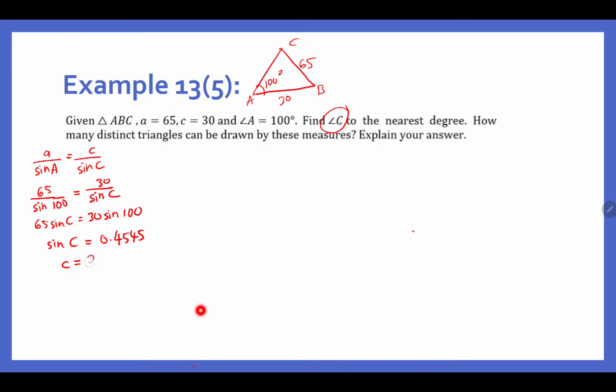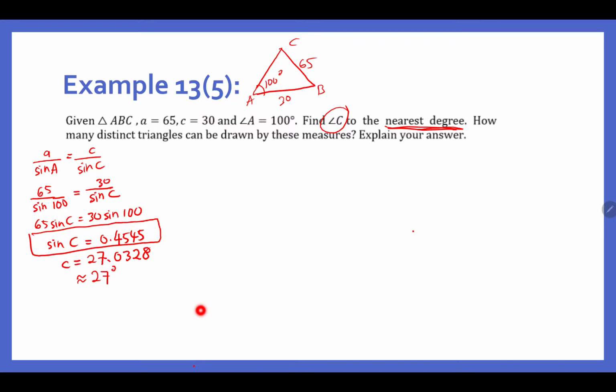So C equals 27.0328. Tapi dia suruh bagi jawapan dalam nearest degree, so jawapan kita 27 degree. Since the value of sine C is a positive number less than 1.